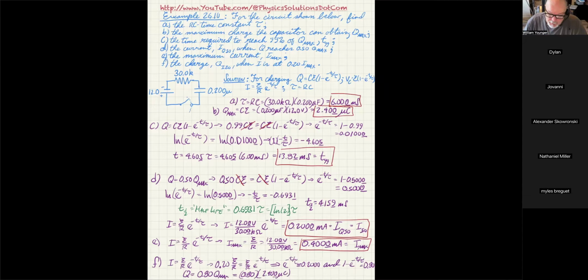So that'd be 0.48. So 2.4 minus 0.48 gives me 1.92 microcoulombs, which is what I called QI20. So QI20 corresponded to I 80, in other words, or corresponded to Q80 or something like that. That's what we're looking at. Actually, did I say that? Yeah, QI20. Yep. Any questions?